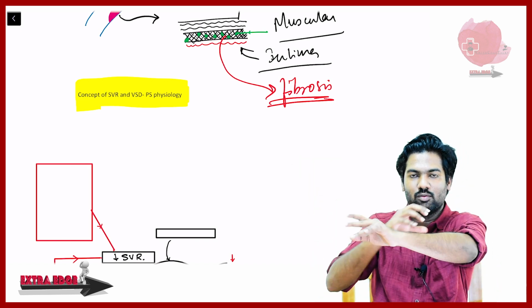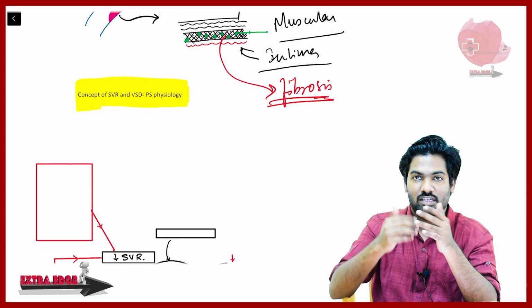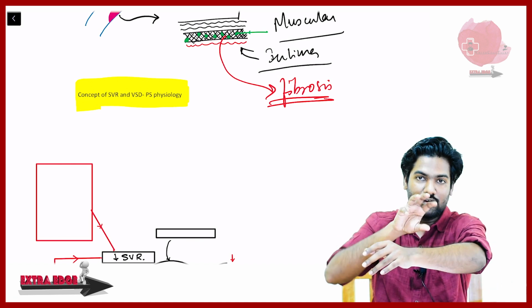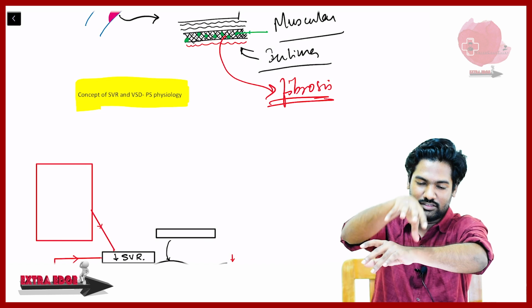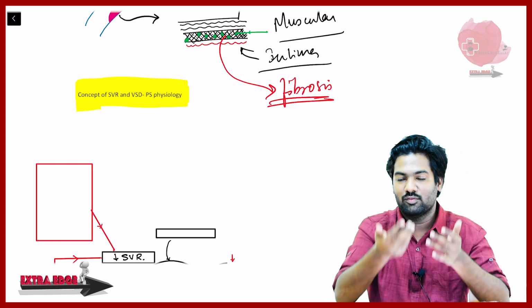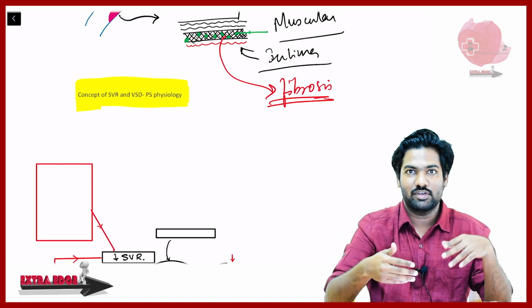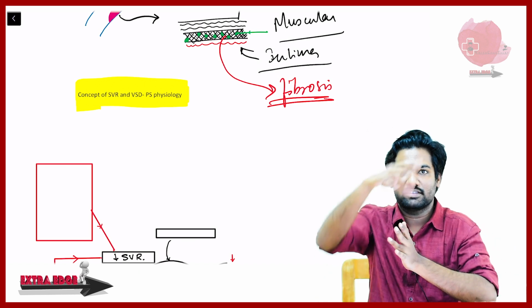Muscles will start working. What happens to systemic vascular resistance? The arteries will start supplying the muscles which are working. So as the resistance falls down, what happens? The right-sided blood will come to the left side, and this cyanosis occurs.